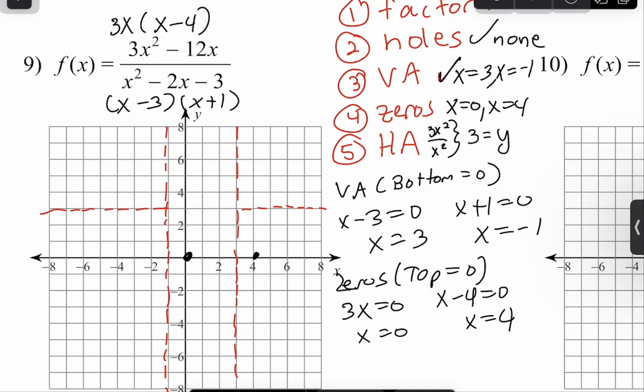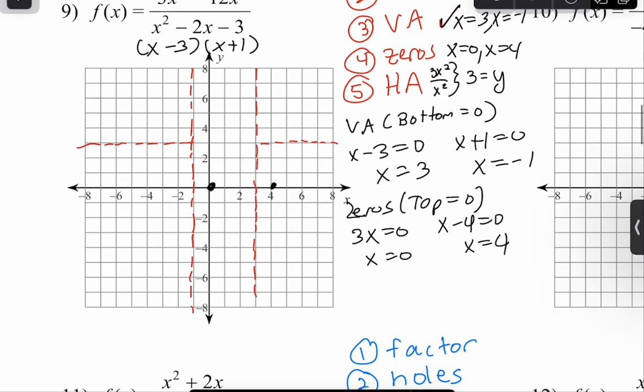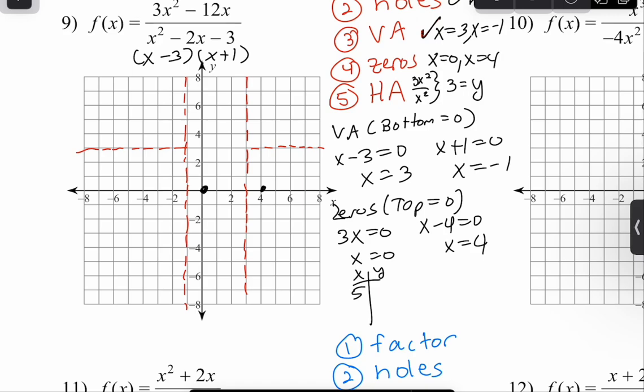It appears as if this piece is stuck down here, but since it's so far away from our asymptote, why not plug in 5. You can plug in whatever you want, but I'm going to plug in 5. If I plug in 5, I get 15 over 12, I think.